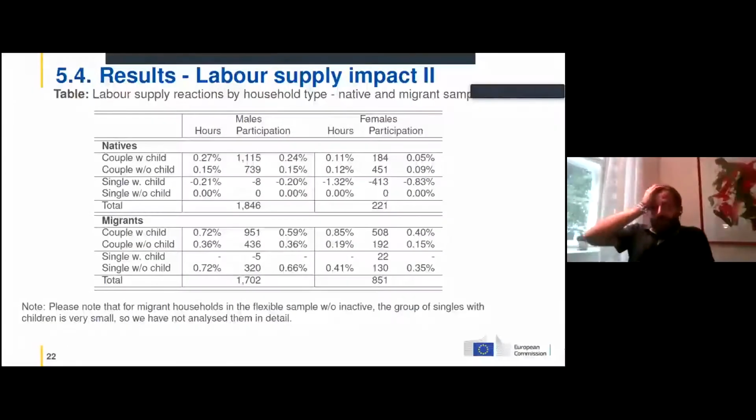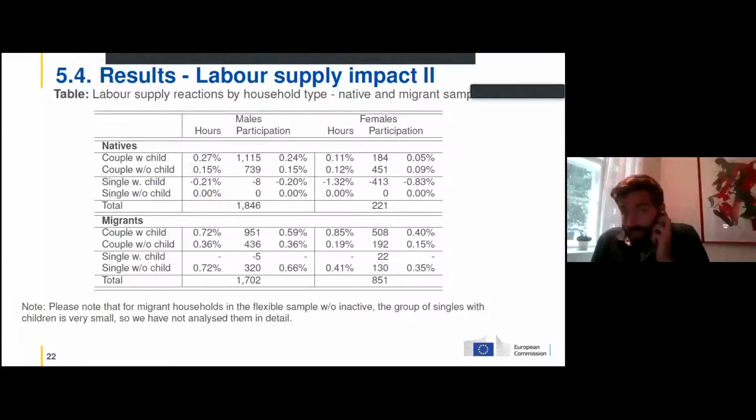And then when we look at the numbers, we actually wanted to see the differences between the labor supply reactions of natives and migrants. What we see is that overall, for example, we would expect participation of male natives to increase by about 1,800 people, and for females about 220.